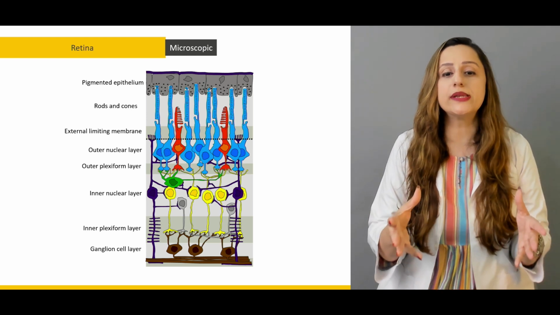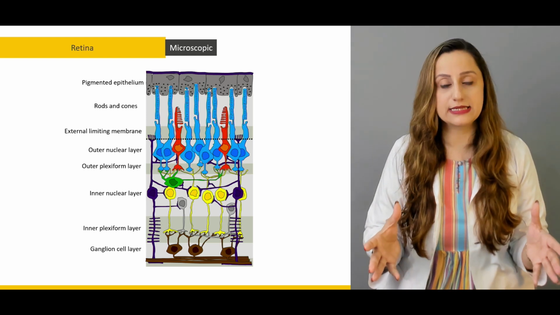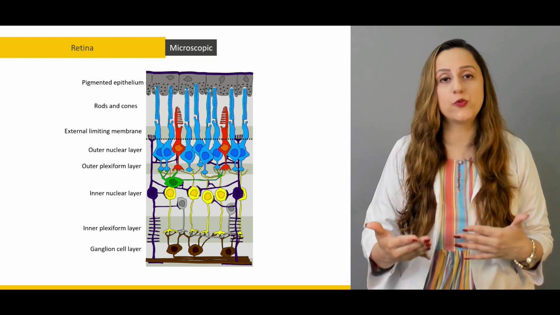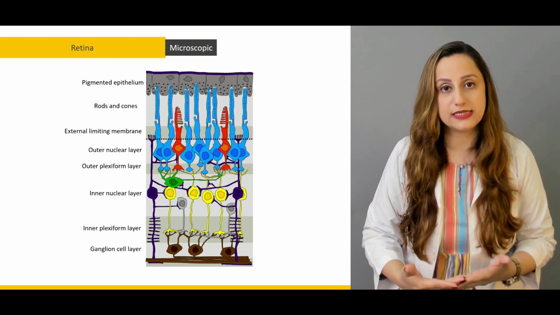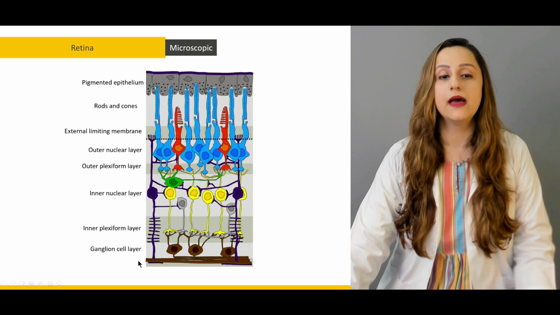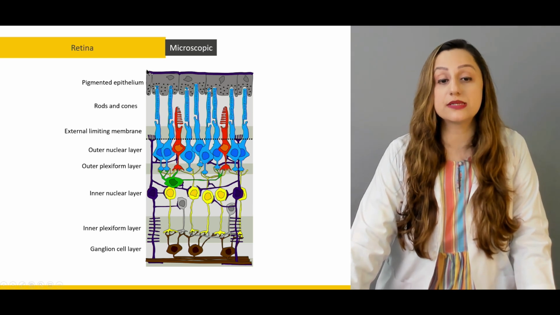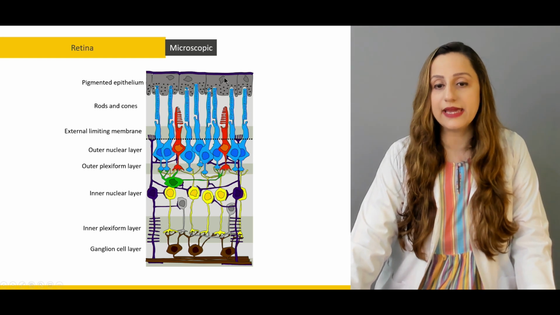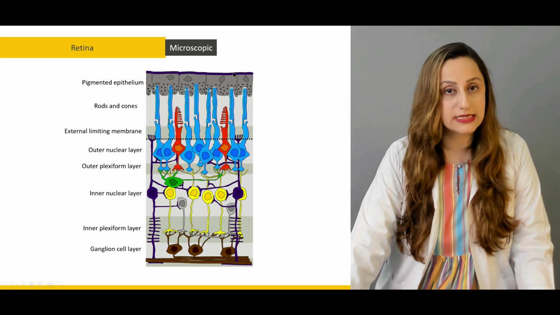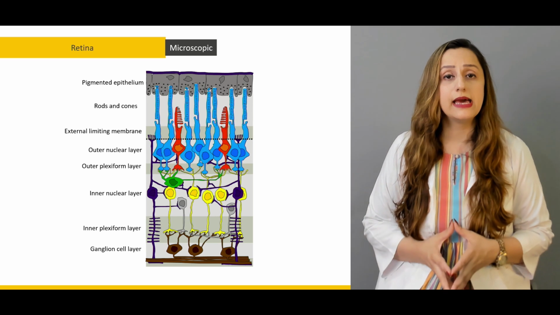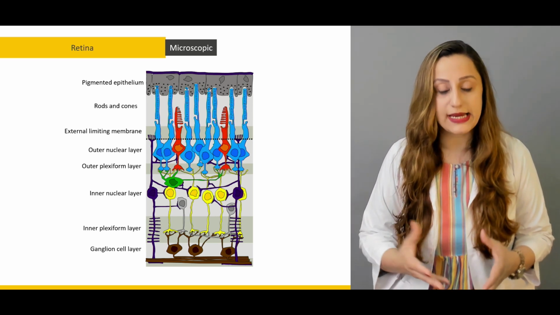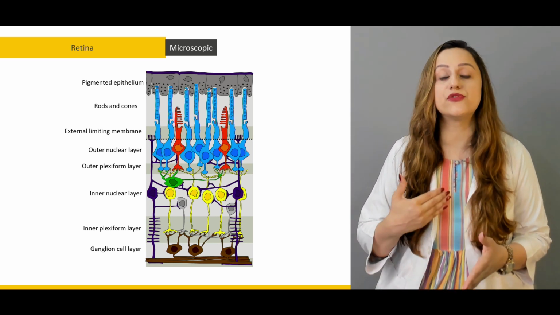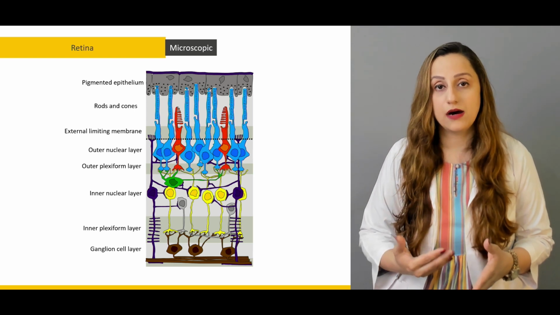Now they have their own functionalities. We will be detailing these functionalities. When you look at the pigmented epithelium, there is a Bruch's membrane over here. The membrane that it is lying on is known as Bruch's membrane. It also provides metabolic support as well as the anti-refractory layer of the retina.